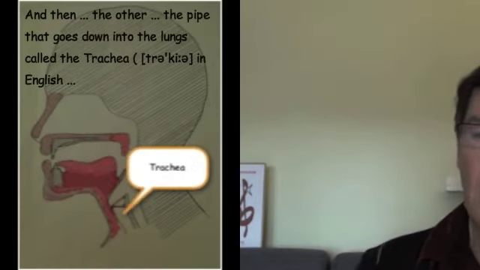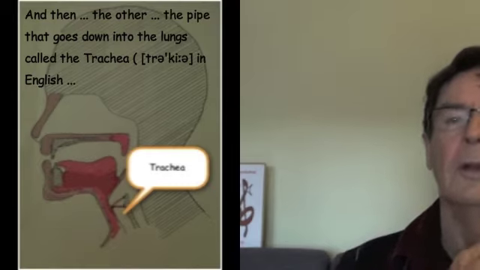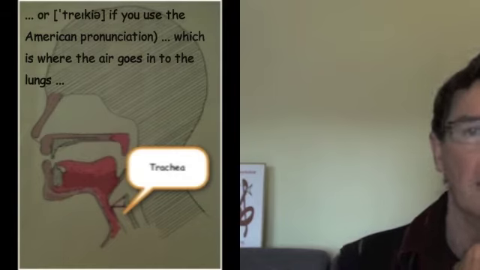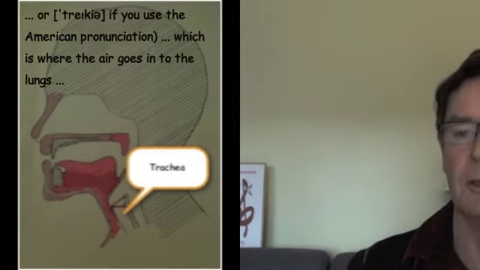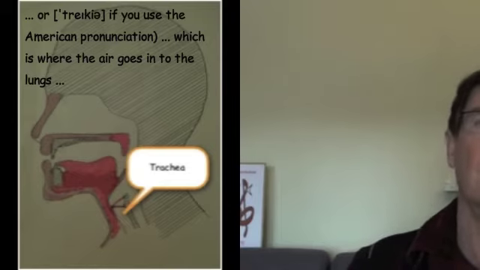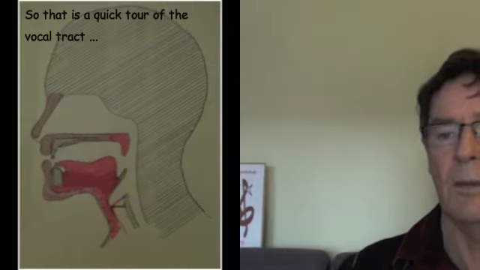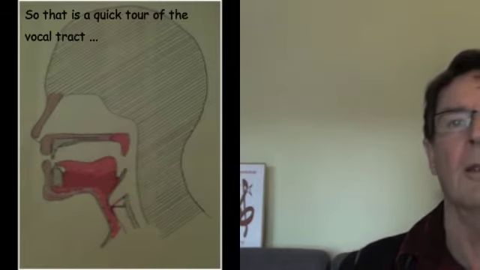And then the pipe that goes down into the lungs, called the trachea in English, or trachea if it used the American pronunciation, which is where the air goes in to the lungs. So that is a quick tour of the vocal tract, and as I said, on the website there are some detailed lessons on articulation. But now we want to go ahead and make some sounds.